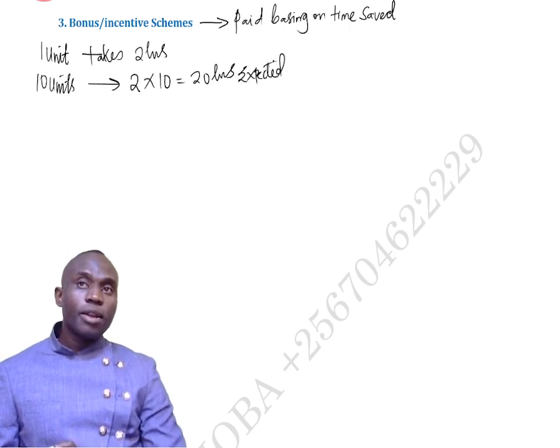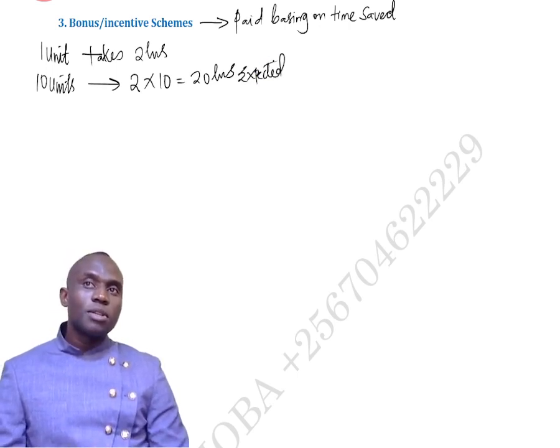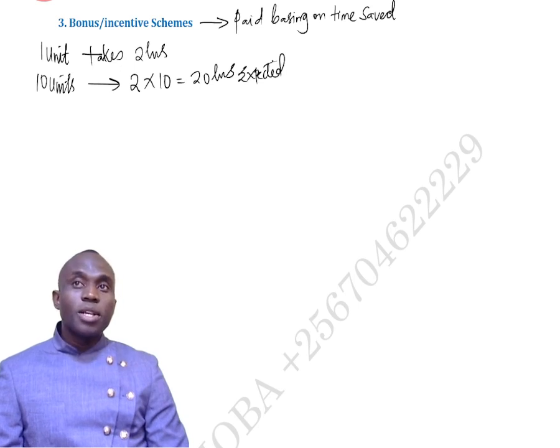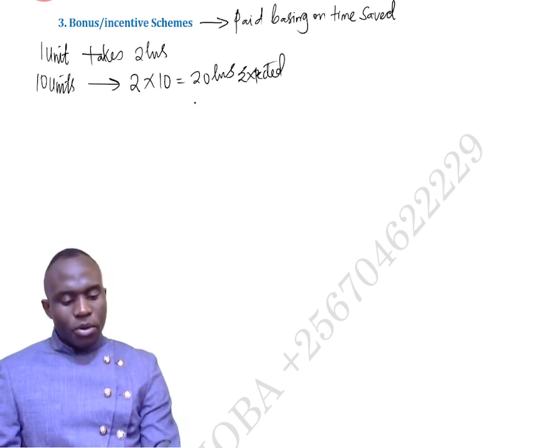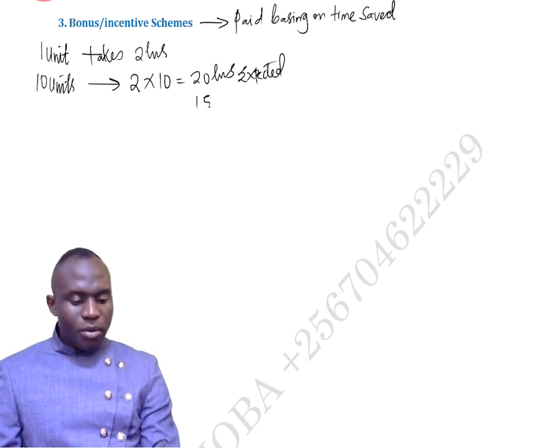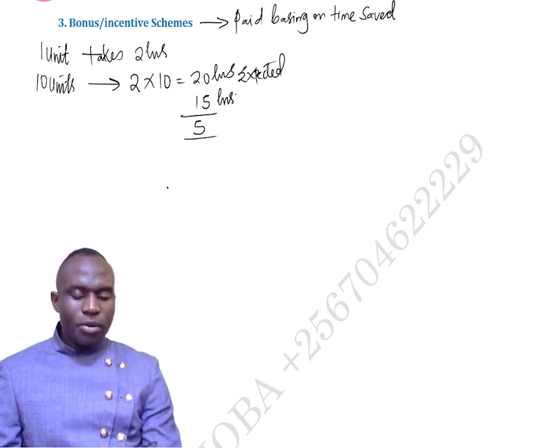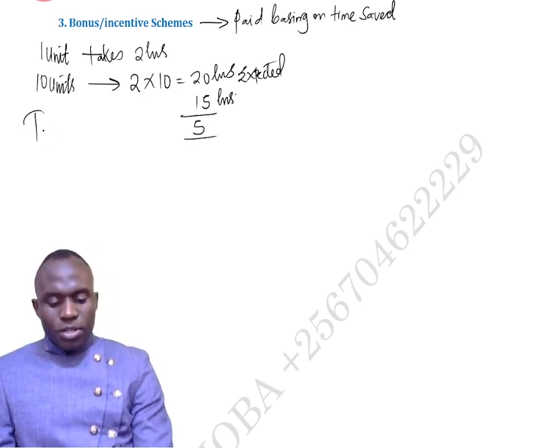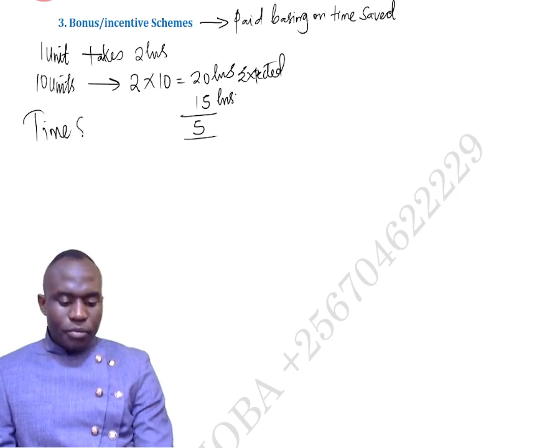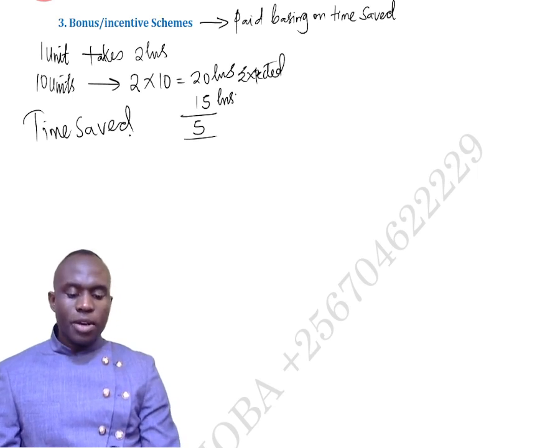But now you might find that someone has actually produced the 10 units, but he has actually used only maybe 15 hours to produce all the 10 units. It means he has saved 5 hours. So what is time saved? So in this question, time saved would be the 5 hours.